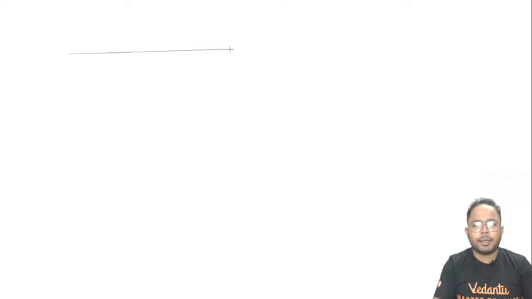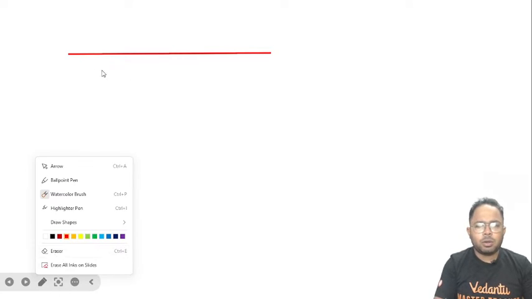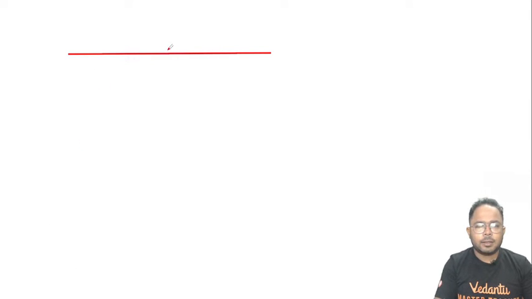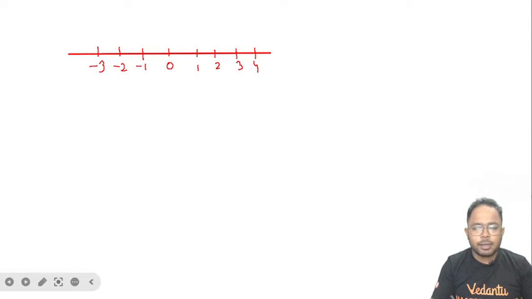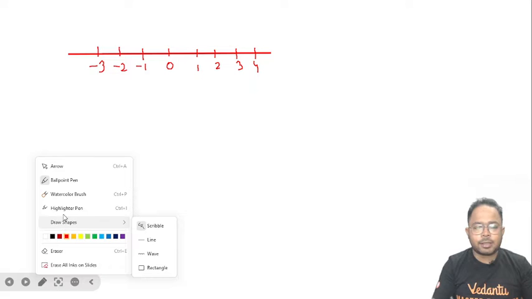Let's say a line is there, and we start with 0 at the center, then 1, 2, 3, 4. We can take the negative numbers. So this is the representation of integers, because integers comprise the positive numbers as well as negative numbers including 0.